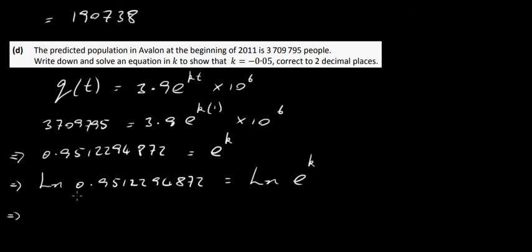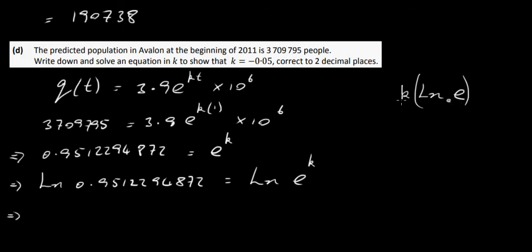Now this here is just a number. You can type this into your calculator, but let's just do it in steps first. What you can do with this part is take the k and bring it down, so I get k times log e to the base e. Remember, log e to the base e is just 1. In other words, what would you raise e to the power of to give you e?